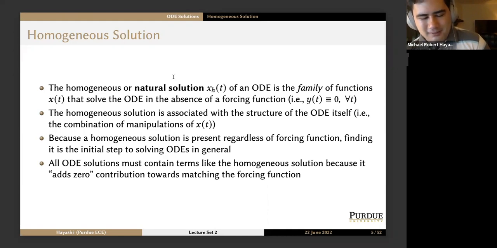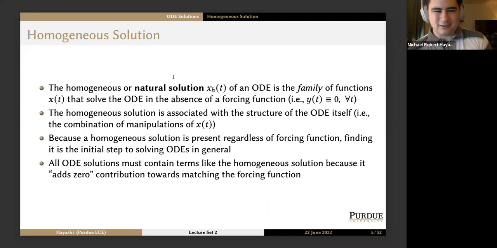So, okay, you might ask why we're doing this. And the answer is that the homogeneous solution is basically what arises due to the structure of the ordinary differential equation itself. What I mean by that is the certain linear combination of manipulations of x of t and its derivatives lends itself to a specific homogeneous solution that is going to appear regardless of what forcing function we choose.